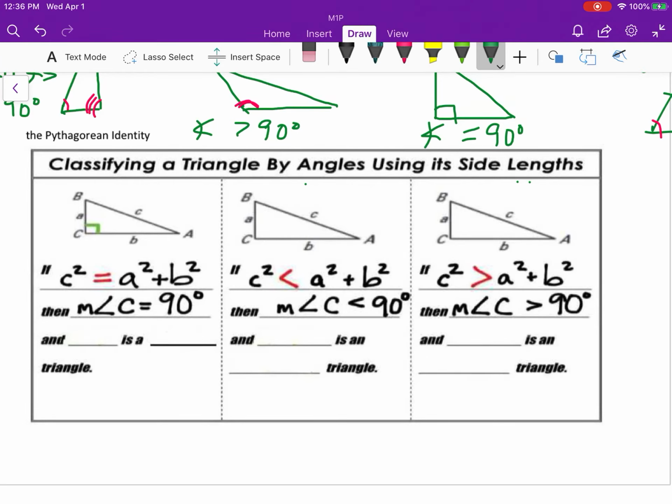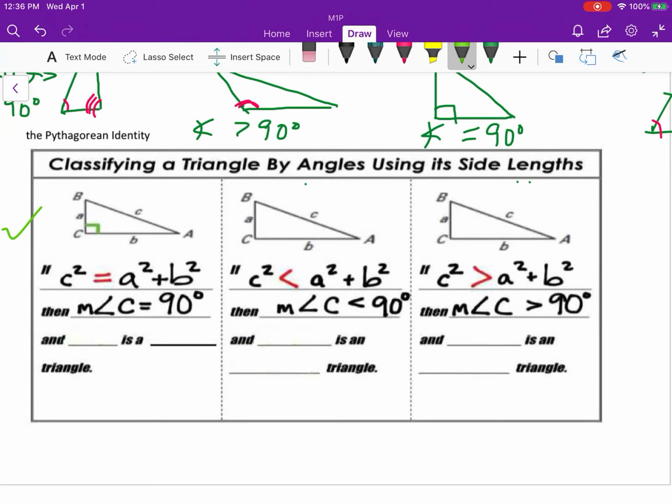You'll see in this first box here, we have a right triangle. We have our c squared equals a squared plus b squared. If you plug in the a, the b, and the c, and they happen to be equal to each other on both sides, then that means the measure of the angle c is exactly 90.